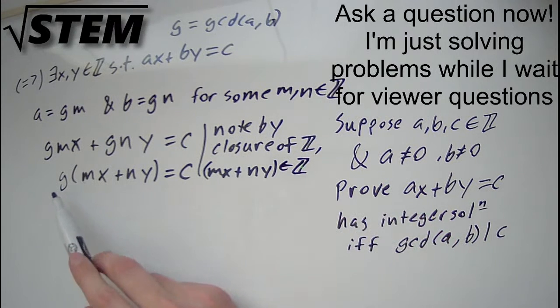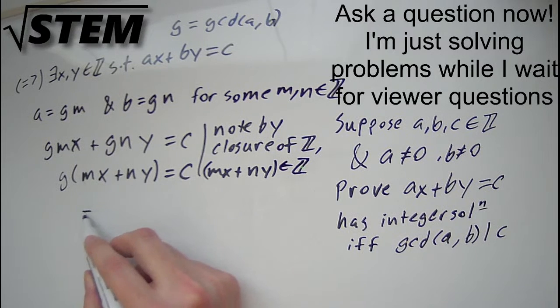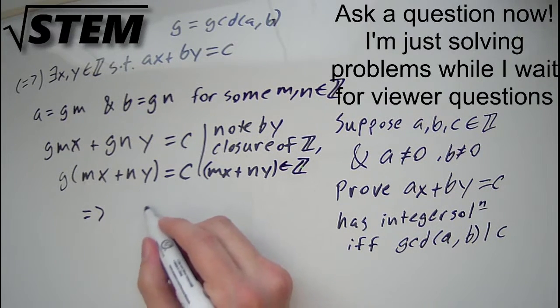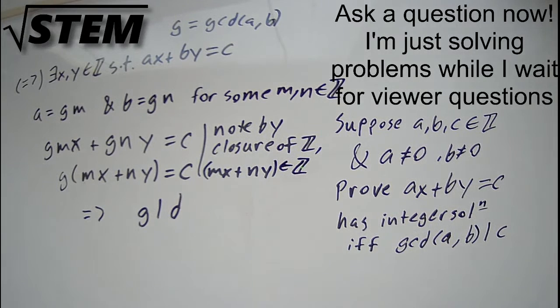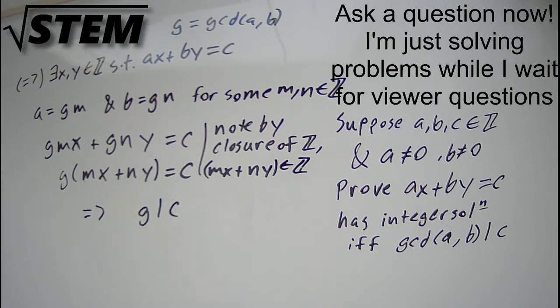So we have G times some integer equal to C, therefore G divides C. C, not D. Okay, so that's the forward case. Forward case done.